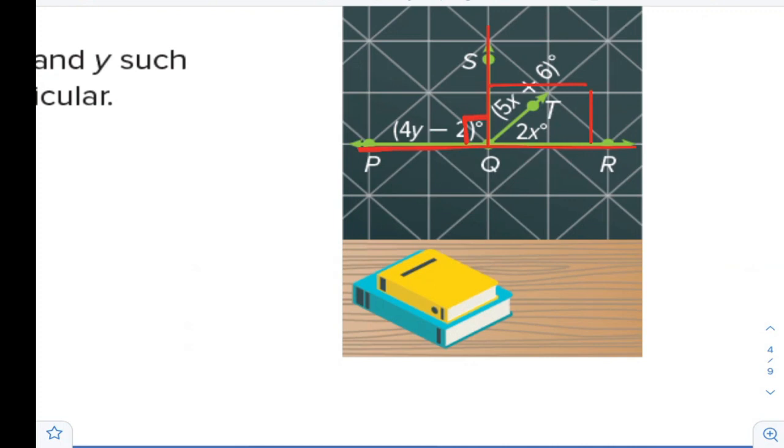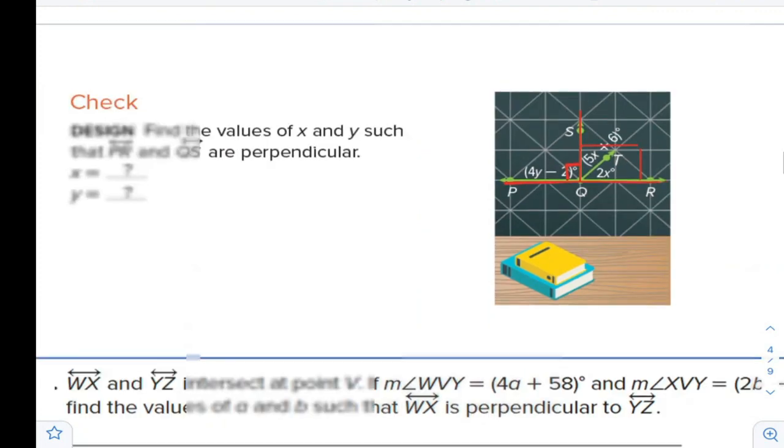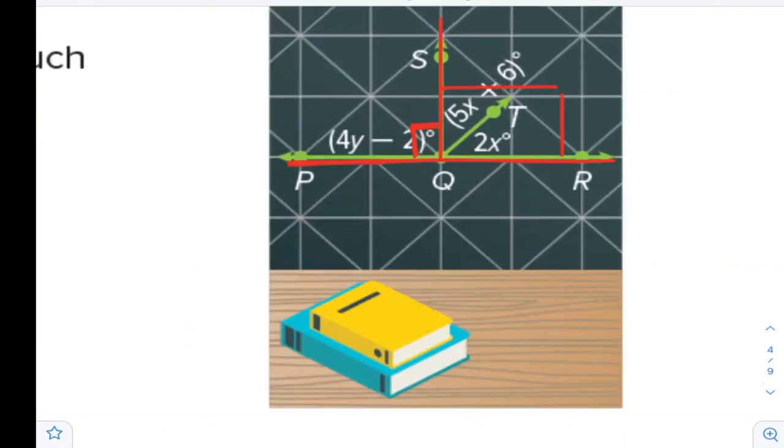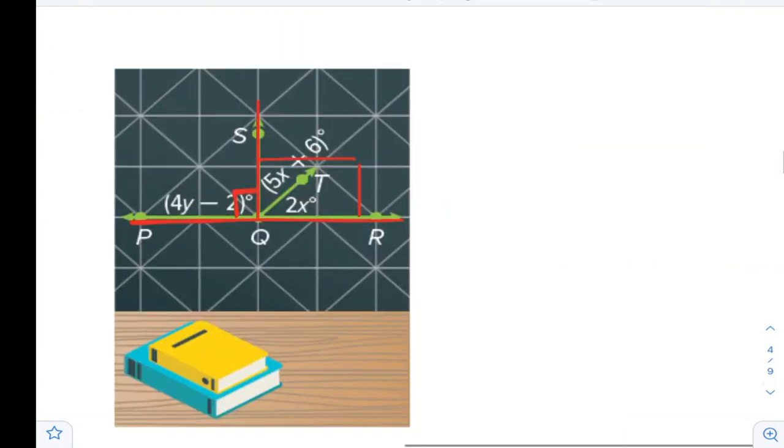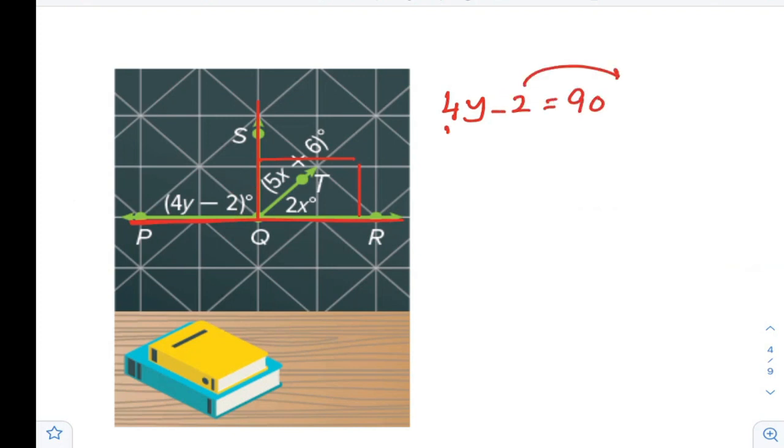So we can start by finding either x or y. If you start by y, which is easier here, you can directly say that the angle for y plus 22 equals 90. And so 4y is 92.